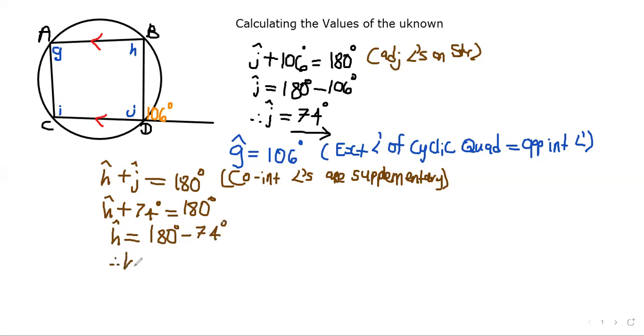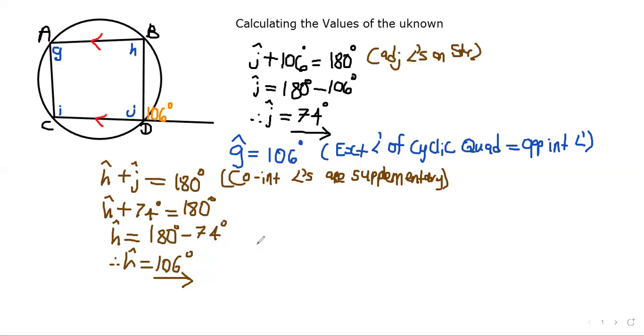Therefore, angle H is equal to 180 minus 74, which gives 106 degrees. So our angle H is 106 degrees.